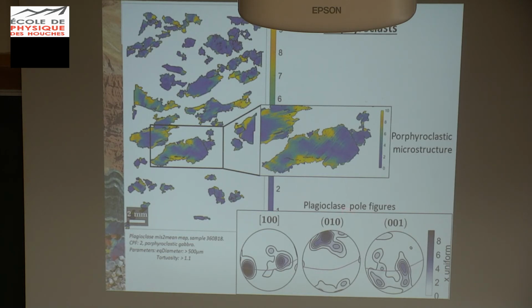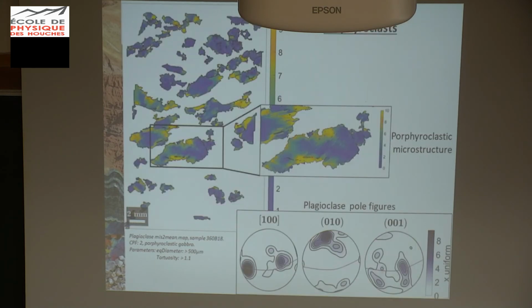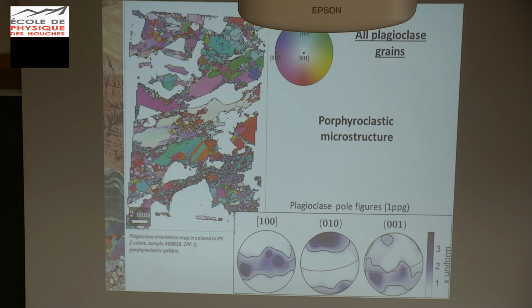And so we see again the 010 plane forming the foliation. And now in the same sample, if we look at recrystallized grains, we have again the same CPO pattern, which coincides with the little orientation spread we see in the orientation map.